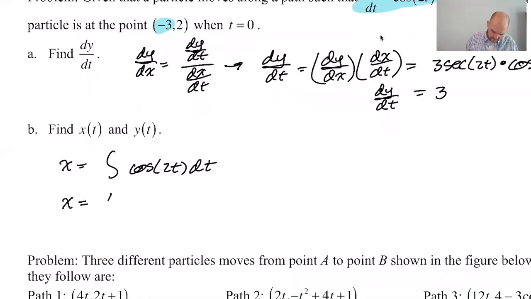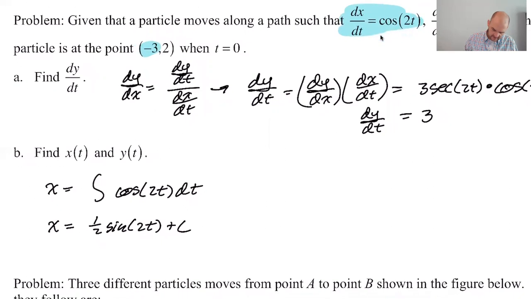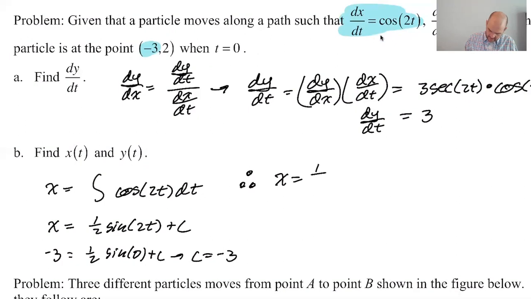So we get 1/2 sine of 2t plus c. At 0, I get -3. The sine of 0 is 0, so c is -3. So x is 1/2 sine of 2t minus 3.